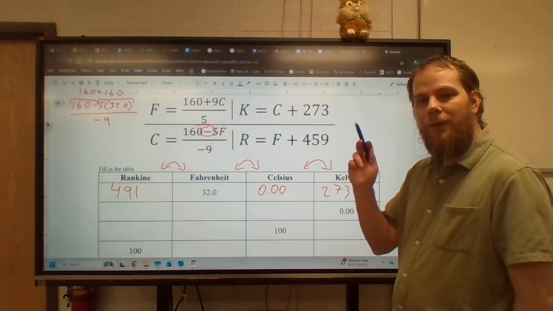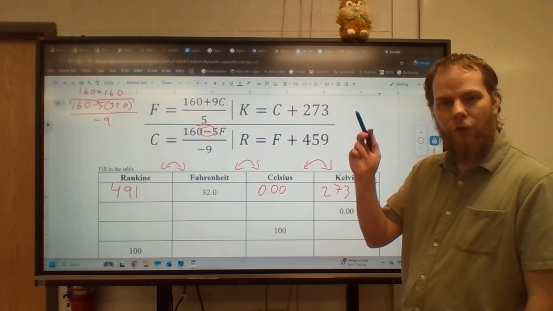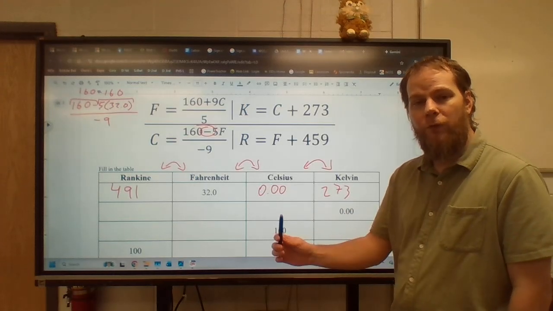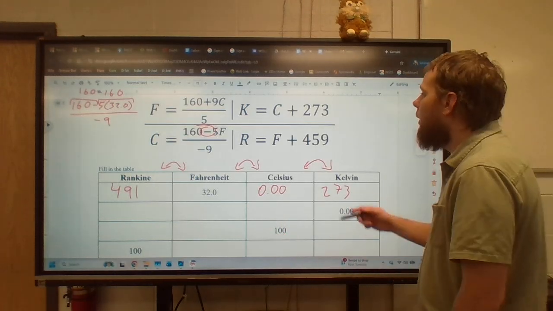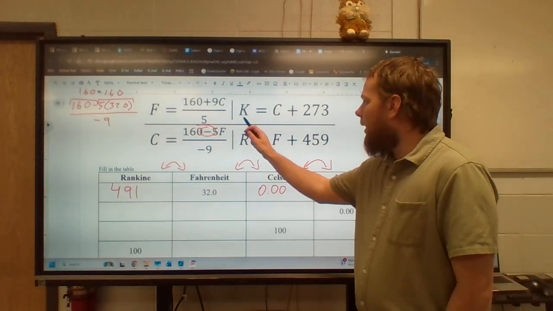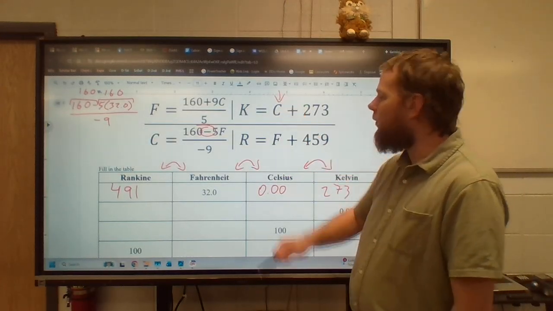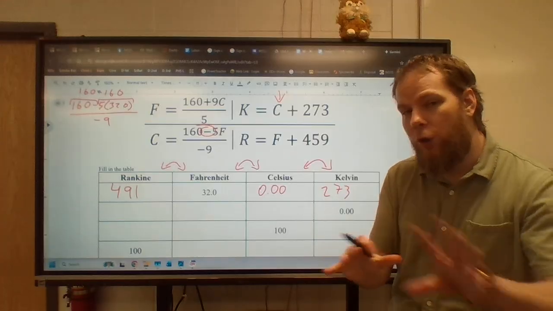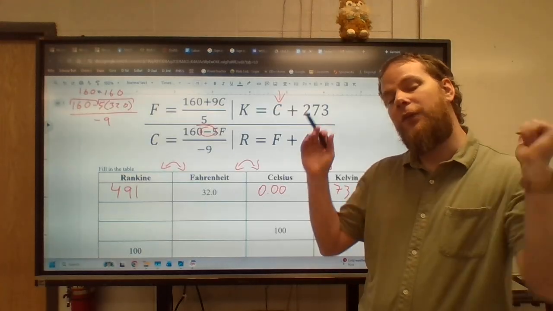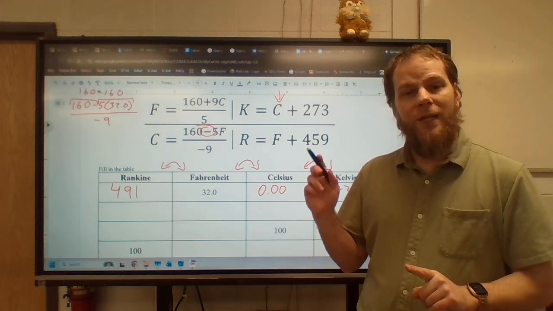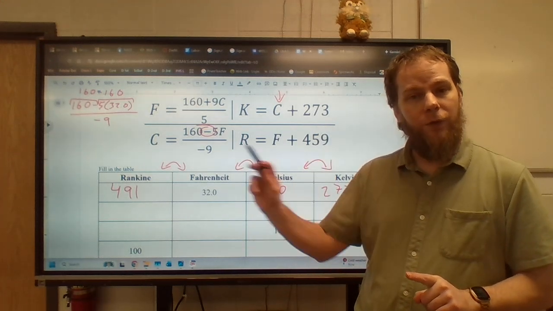We need to manipulate this equation to solve it for C, because Kelvin can only be used to find Celsius. So, right now we have K equals C plus 273. We need this by itself. That means we need to move the thing that is on the same side as the C. We need to move 273 to the other side.